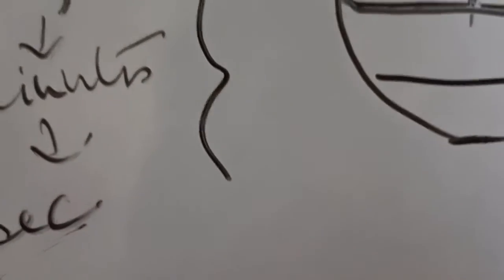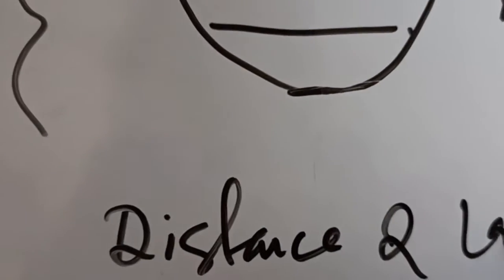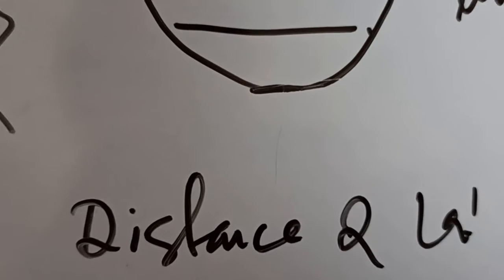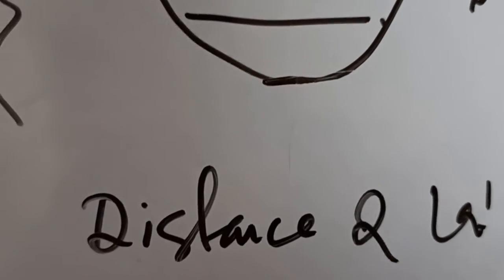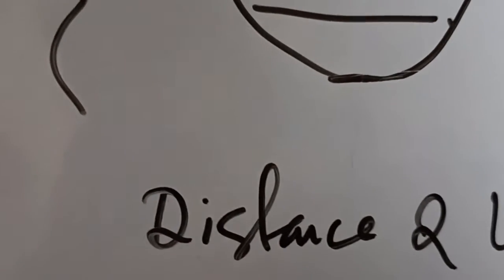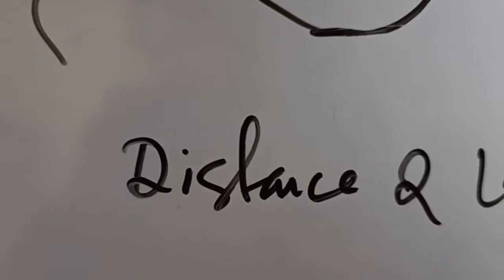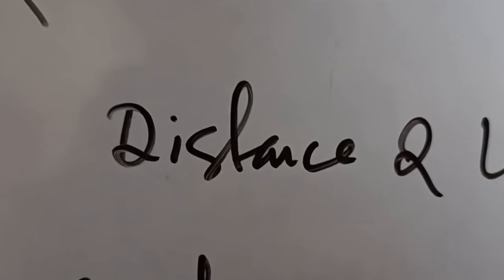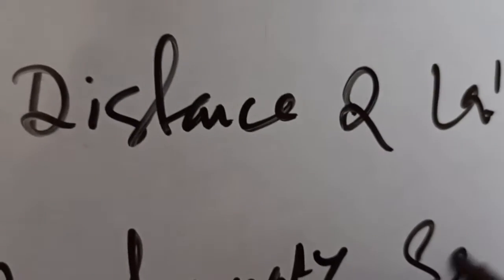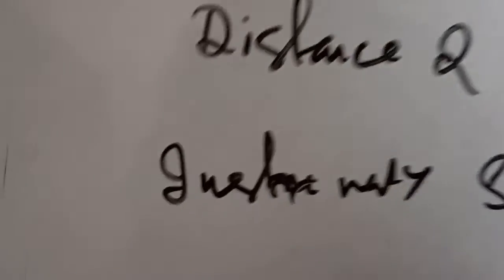The distance between two latitudes is approximately 111 kilometers, and the instrument that helps to measure the latitude is known as the sextant.